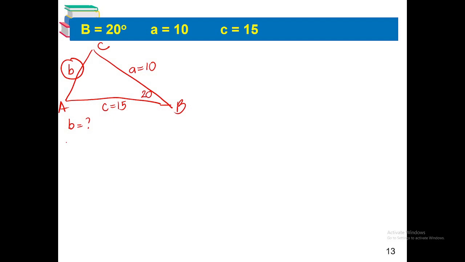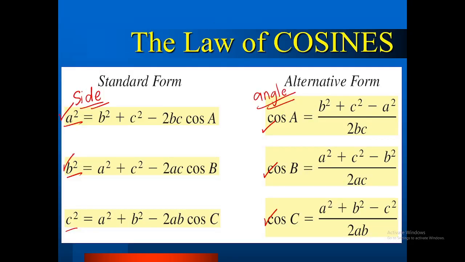So this is now B squared is equal to A squared plus C squared minus 2AC cosine B. Let's check if this formula is right.